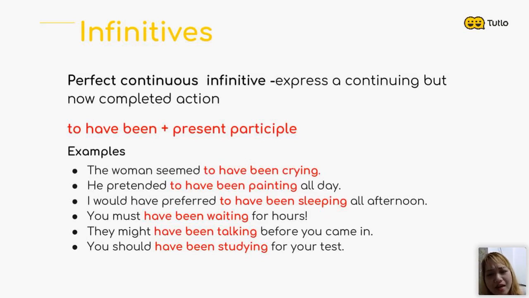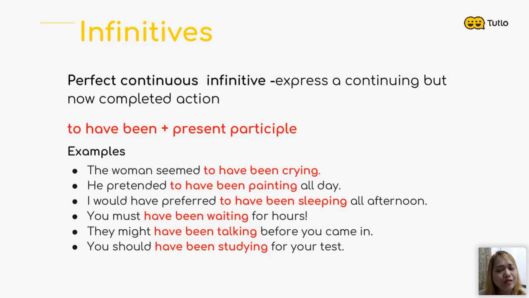Or let me say, it expresses a continuing but now completed action. Example, as you can see, the formation is to have been plus present participle. Yes? To have been plus present participle. The woman seemed to have been crying.